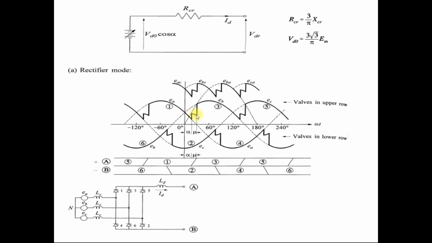Valves 1 and 3 both are conducting, and at the end of this commutation only valve 3 is conducting. Clear? So in the upper group in this duration valves 1 and 3 are conducting, and from the lower group valve 2 is conducting. So overall the voltage difference between these 2 points during this interval, you get voltage between B and C phase.